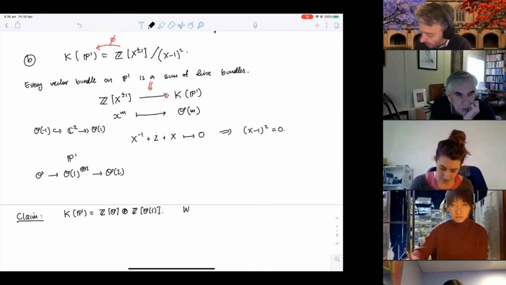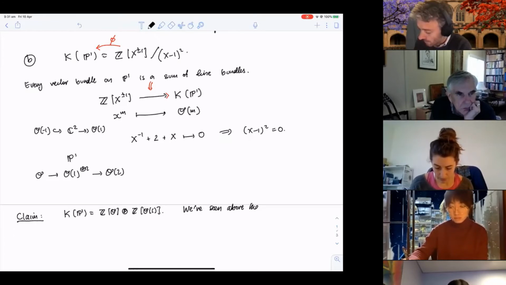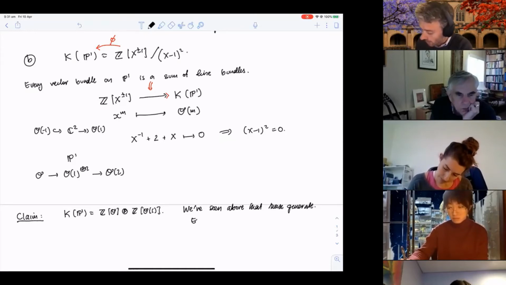And we've seen above that these generate, so it's enough to show that they're linearly independent.